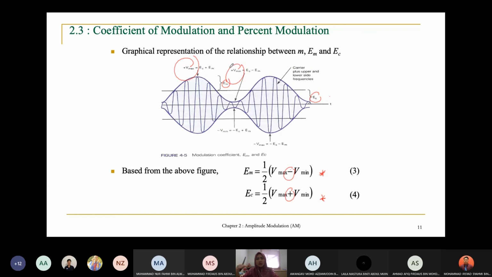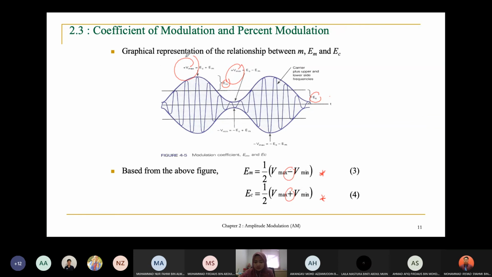Basically if you are given this output signal, you can calculate the modulating signal and also the carrier signal using this formula. And over here you can see that Vmax is equal to EC plus EM, while Vmin is equal to EC minus EM.